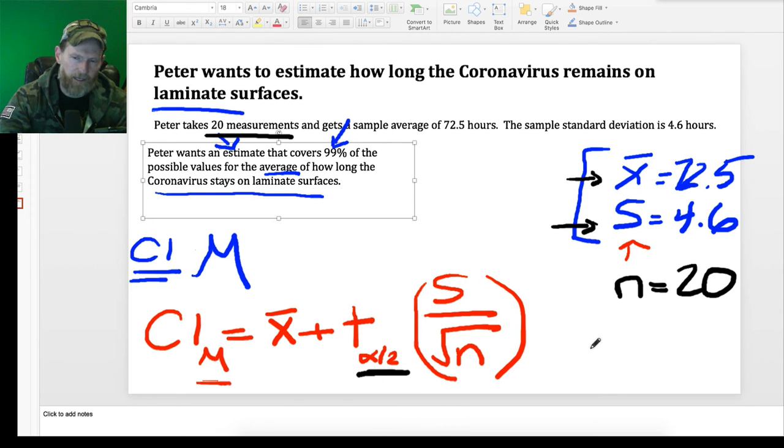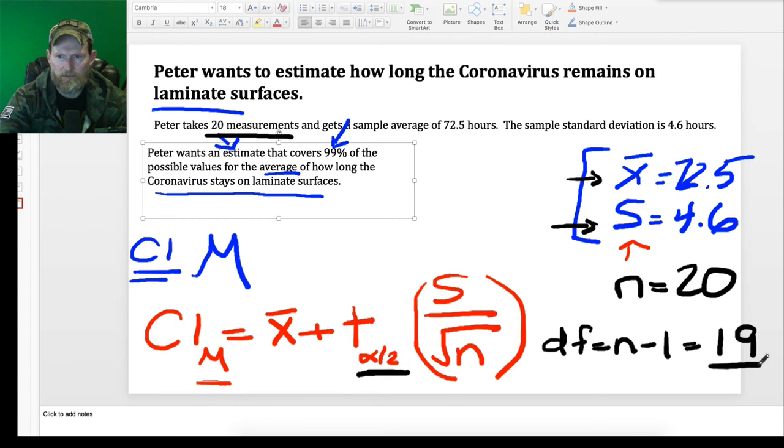So how do we find that out? We need two things to determine t. We need degrees of freedom, which is n minus 1, which is 19. And we need alpha half. Alpha half for 0.99: the first thing we do is we turn 99 into 0.99.